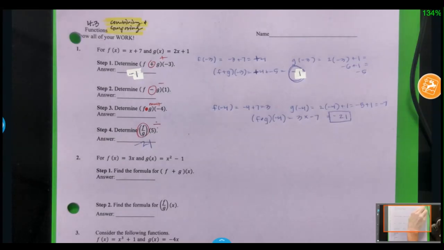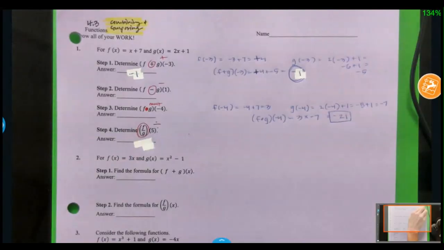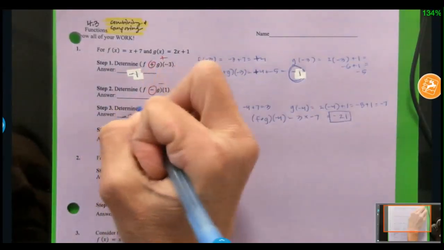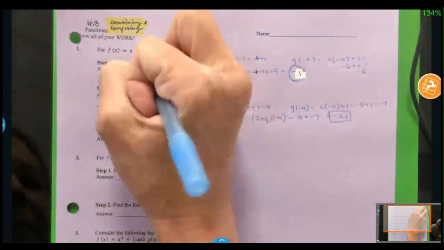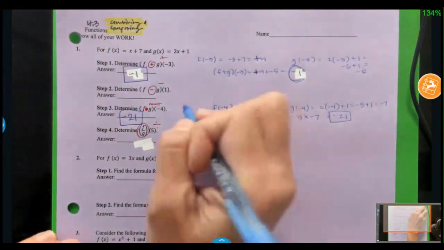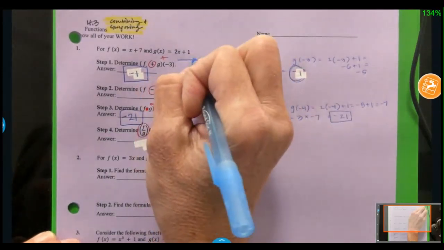Yeah, you're right. I put it in the wrong spot. Sorry. The answer's here. So I did that one right there, and I did this one right here.